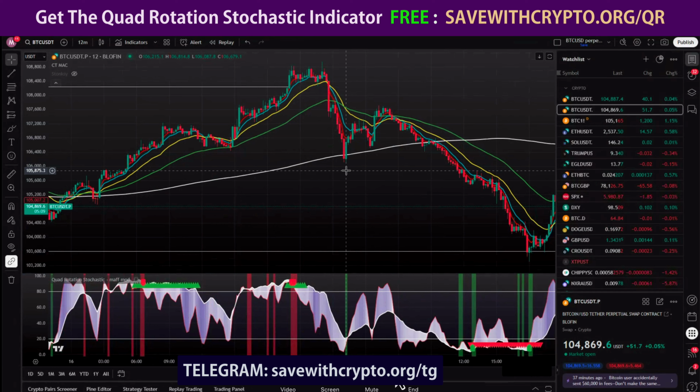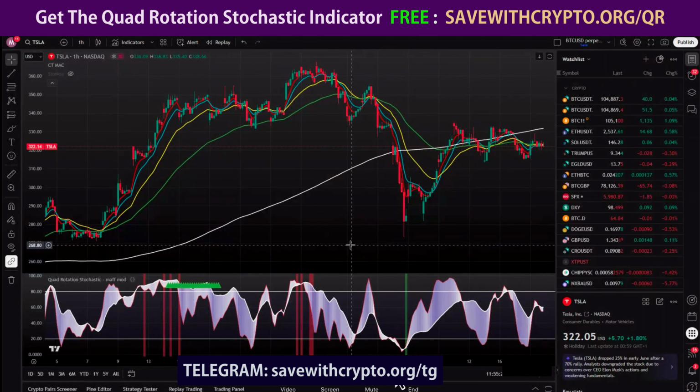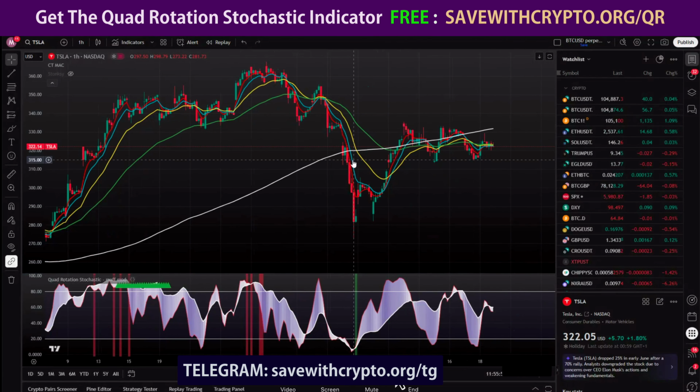Yeah, that is true. But have a look at Tesla, TSLA, on the 1 hour, and then look at the bit where Mr. Trump and Elon had their argument, and Elon threw his toys out of the pram on the 6th of June. Now look down the bottom there, and what do you see? There's a beautiful bit of airspace at the bottom of the indicator.